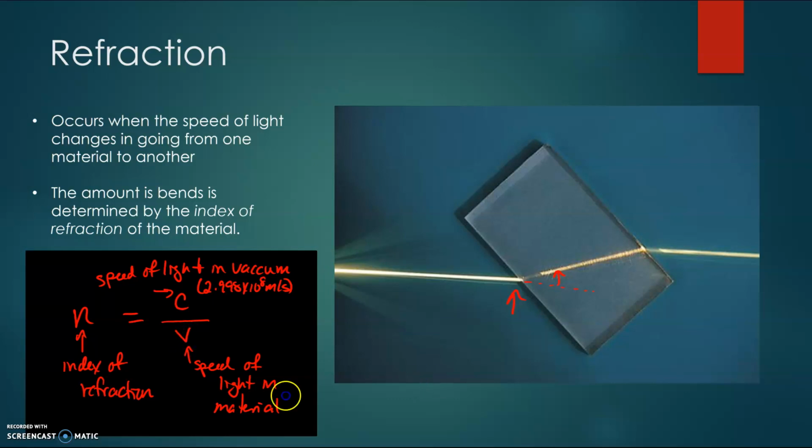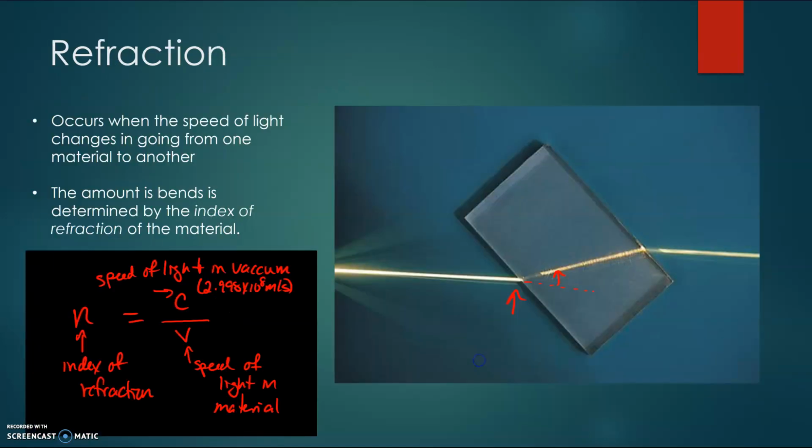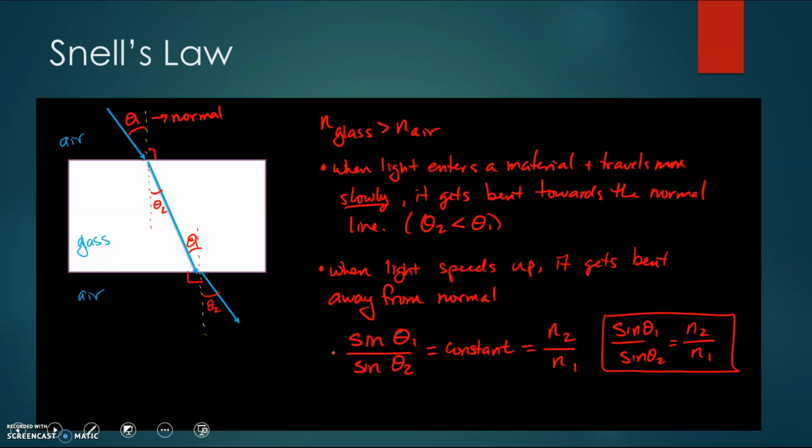Just by using the angles, Snell's law, and this definition of index of refraction, you can determine the speed of light in a material without using some silly stopwatch or high-tech equipment or anything like that. Just using mathematics, you can calculate the speed of light in a material, and I think that's pretty nifty. So anyway, I hope this makes sense, and let me know if you have any questions.